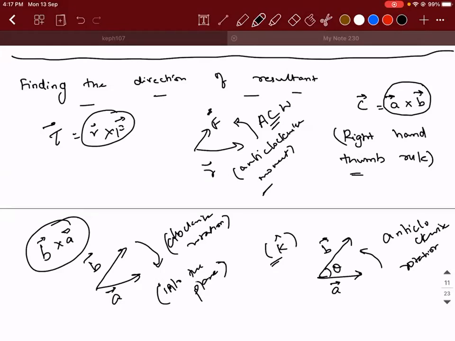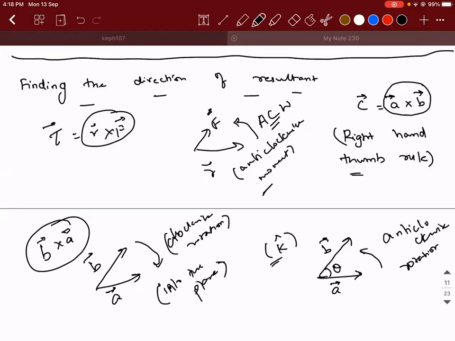Sir, in torque, can we say that the force is always perpendicular to the distance? Need not be. It can be in any direction. That is why theta is coming into the picture.